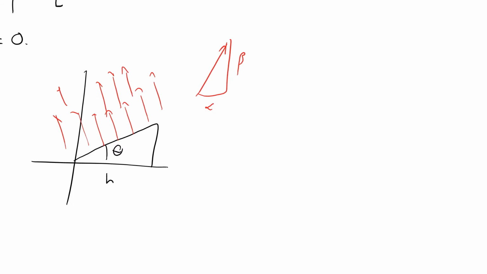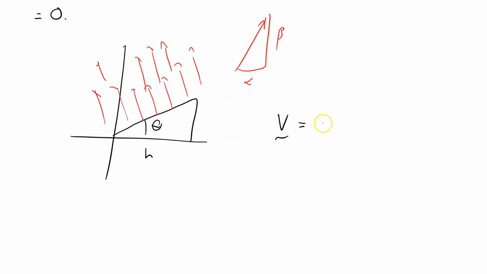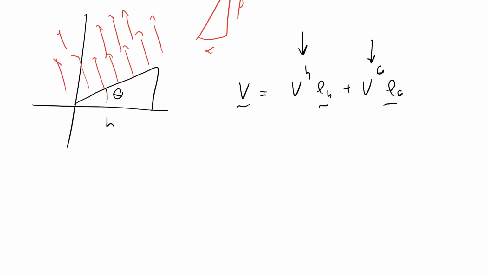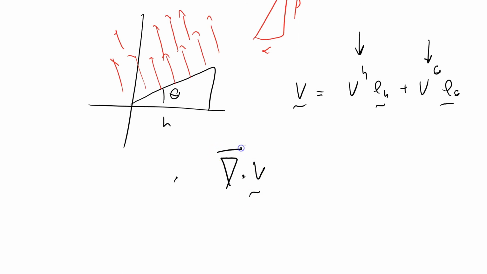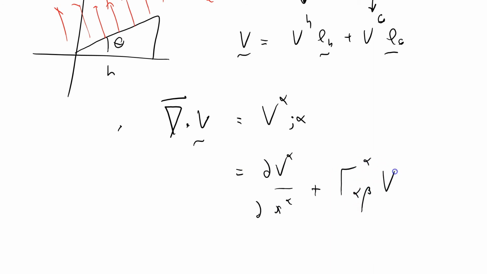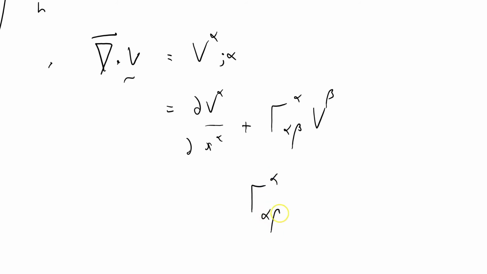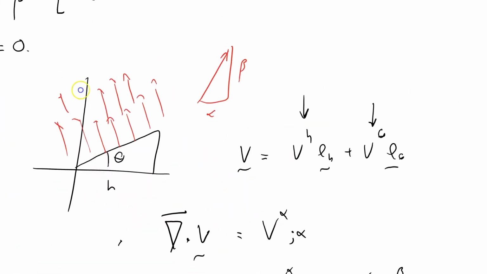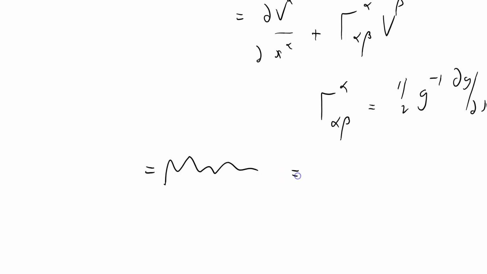And then I went through an enormously complicated process of transforming this contravariant vector, v equals v^h e_h plus v^θ e_θ, calculating these things here, and then I wanted to work out what would be called the divergence of v in Cartesian coordinates, but in tensor notation it's v^α_{,α}, or sometimes you put the semicolon, which equals ∂v^α/∂x^α plus the correction term Γ^α_{αβ} v^β. Then I used the fact that there's a half g⁻¹ ∂g/∂x^β, expanded in terms of beta, because we're summing over beta, went through all this nightmare process, and we got a whole bunch of stuff which was equal to 0.